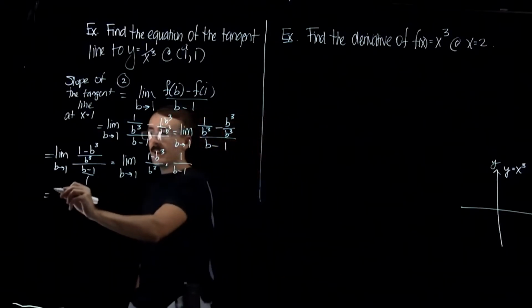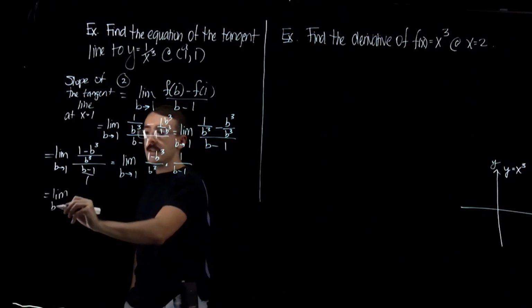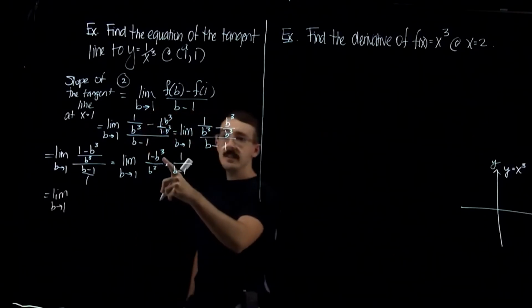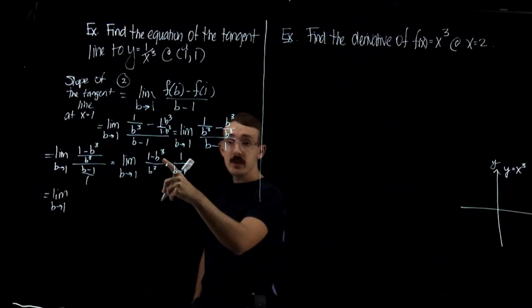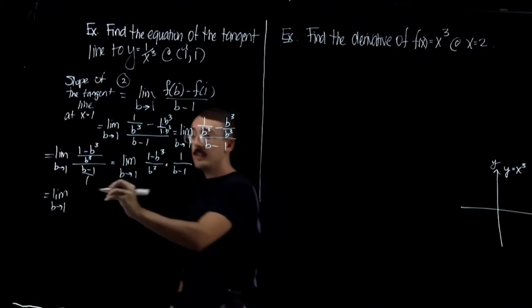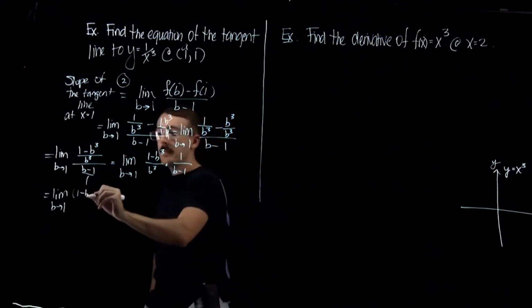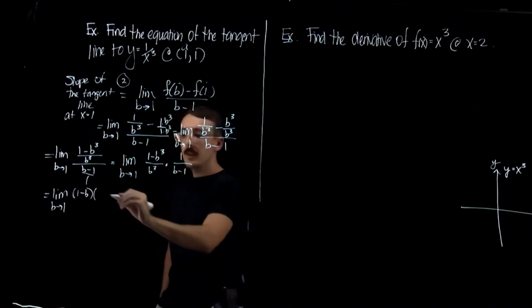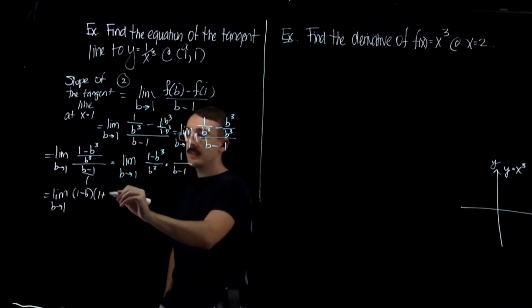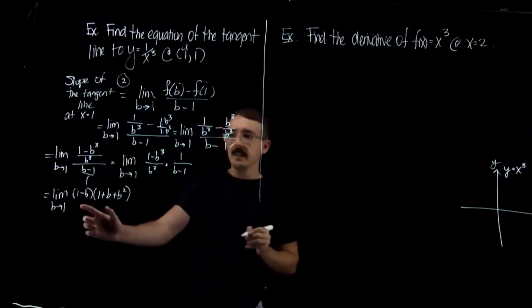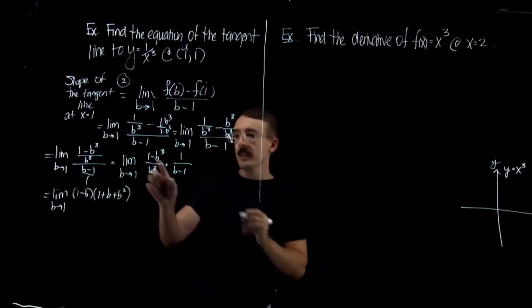I'll continue over here. So something that you need to know here is that this is a difference of cubes formula. You can use a factoring for this. So this is equal to 1 minus b times 1 plus b plus b squared. That is the difference of cubes formula for this.